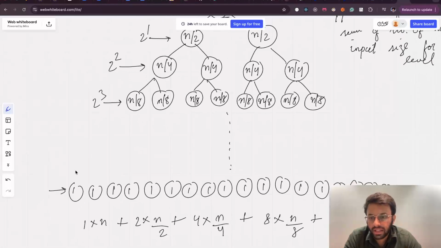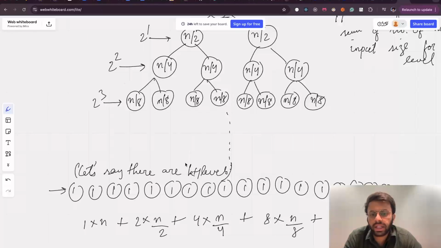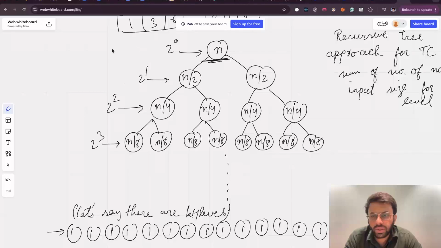Okay, so let's say there are k levels. Okay, k plus 1 levels, starting from the 0th level, to the first level, second, third, like that, up to the k plus 1th.